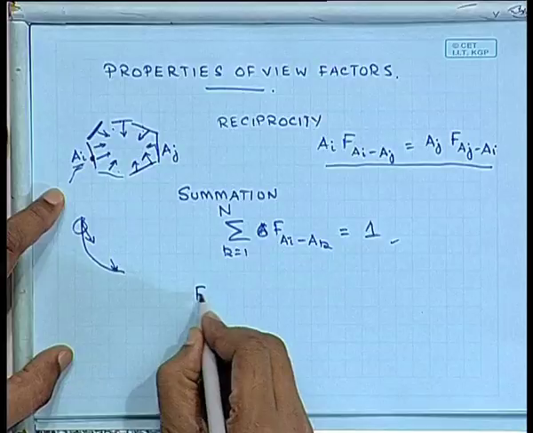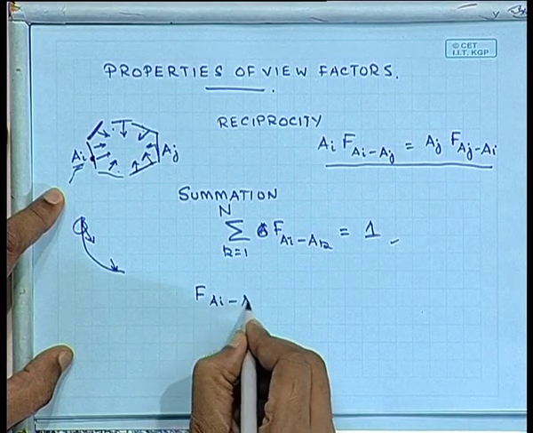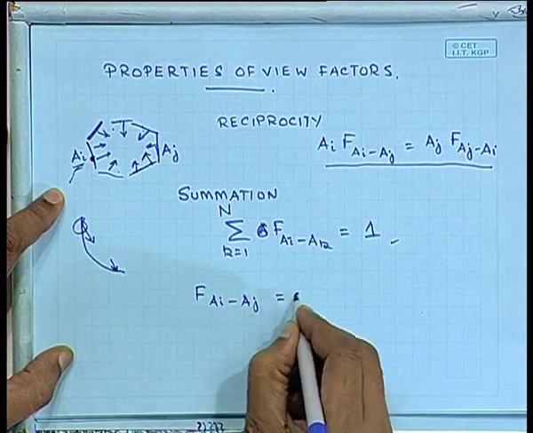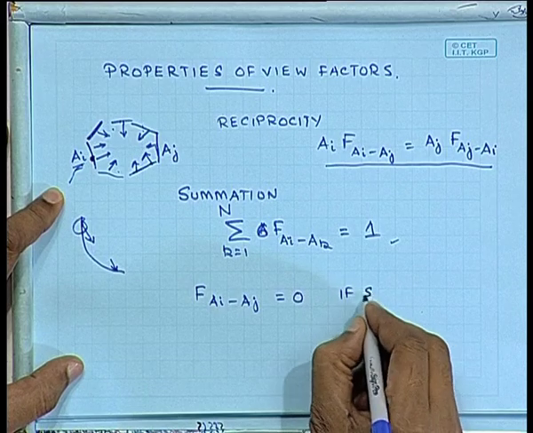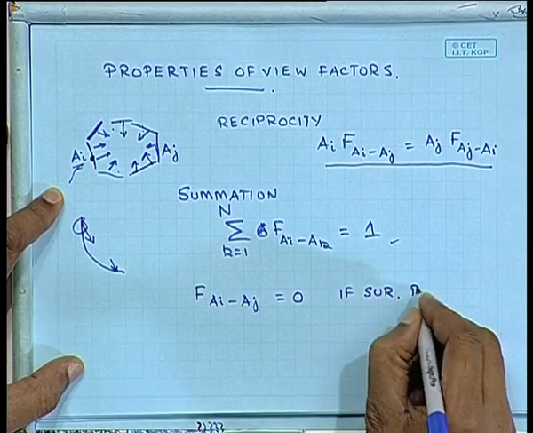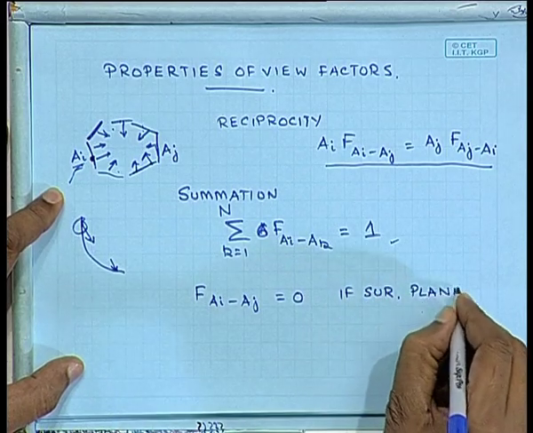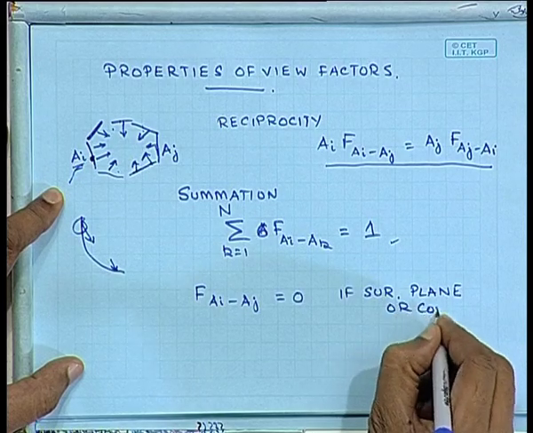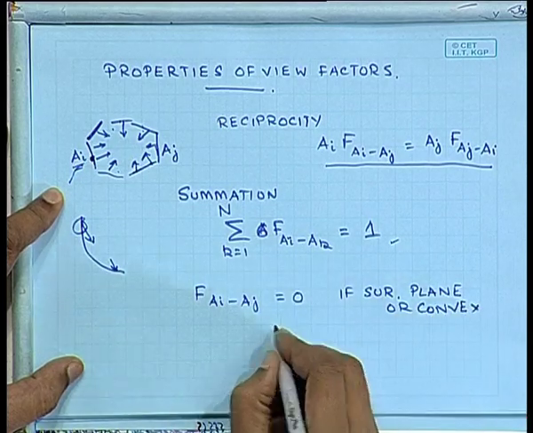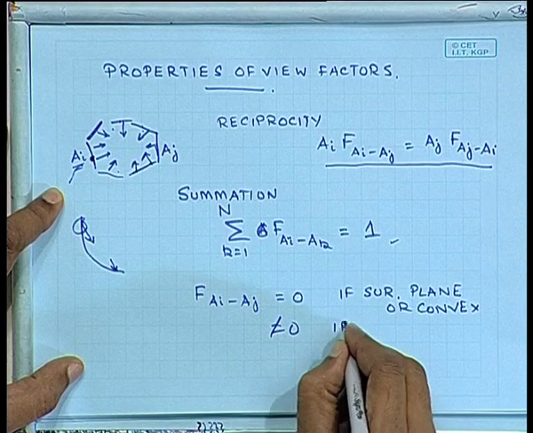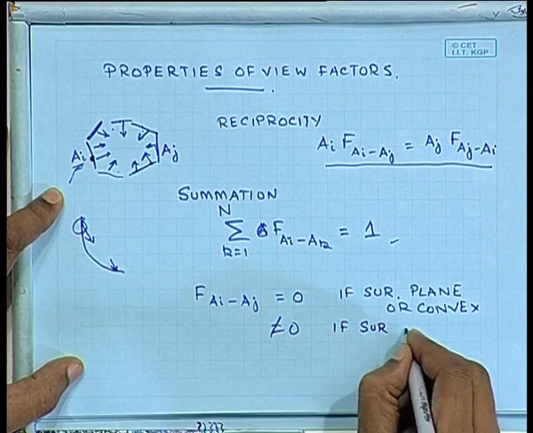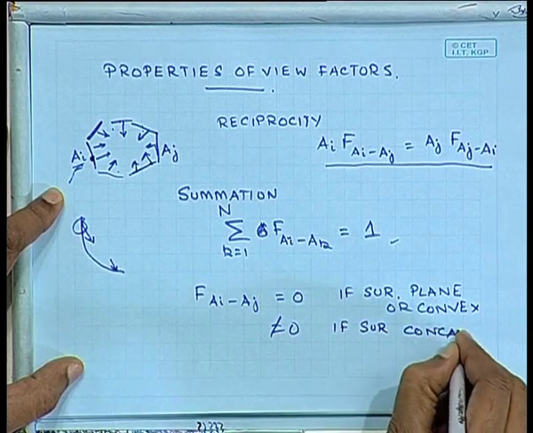So, you have some other relations: Ai to Ai would be equal to 0 if the surface is plane or convex. It is not going to be equal to 0 if the surface is concave.